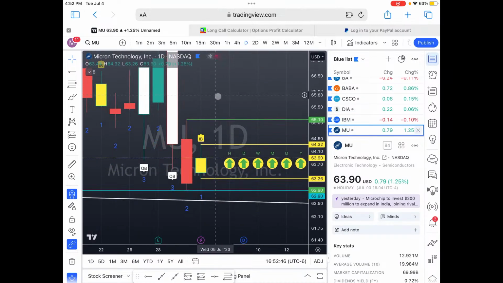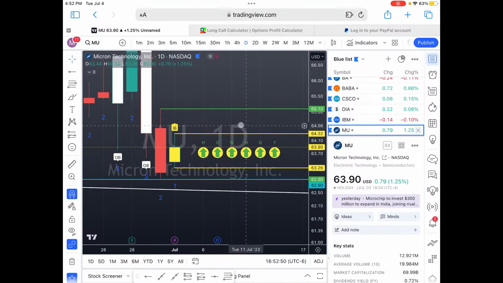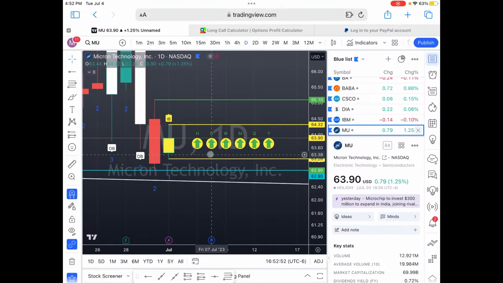Micron Technology, inside bar, time frame to the upside. Calls, 64.32, first target marked. I want to point this out. If we do trend to the downside, okay, here's the thing. This bar right here represents the daily, the weekly, the monthly, and the quarterly, okay?